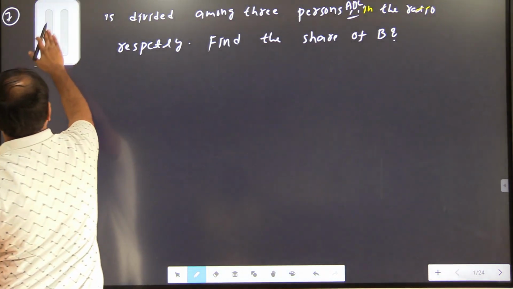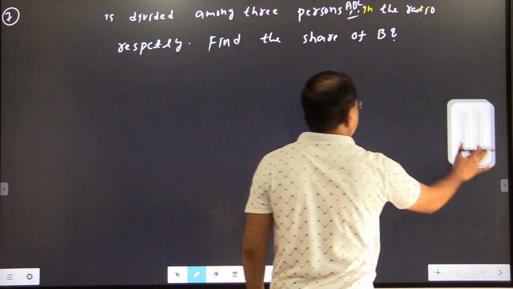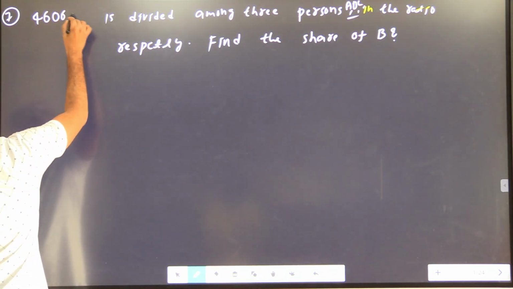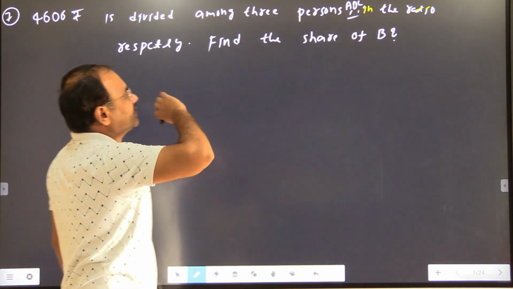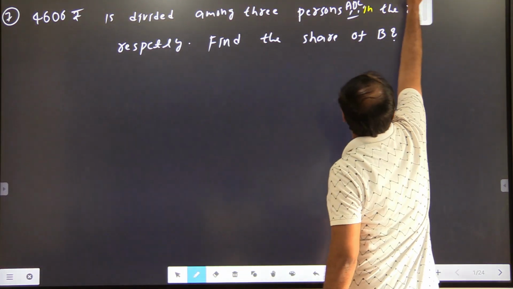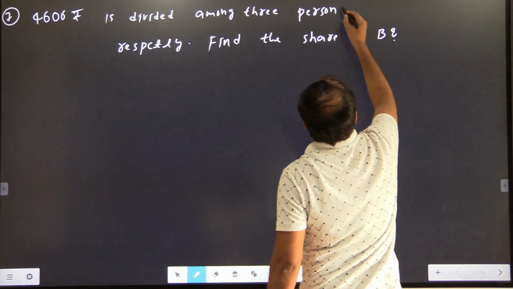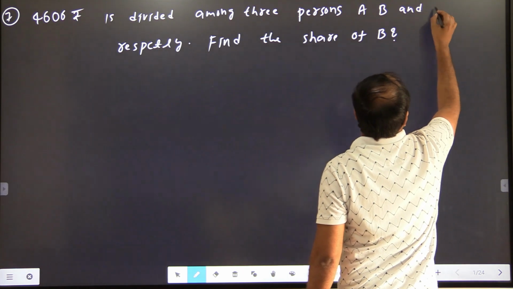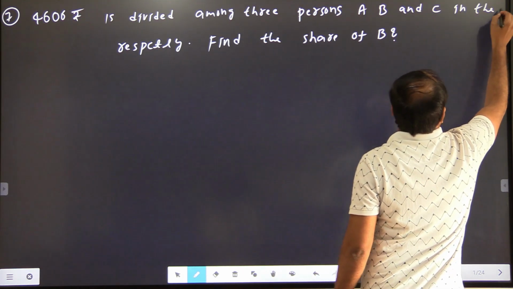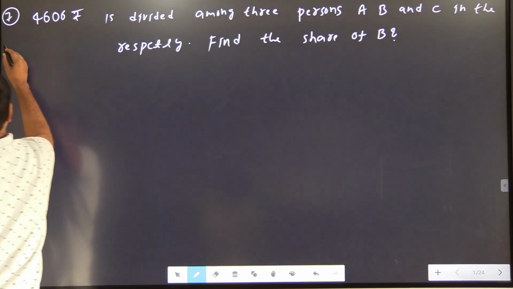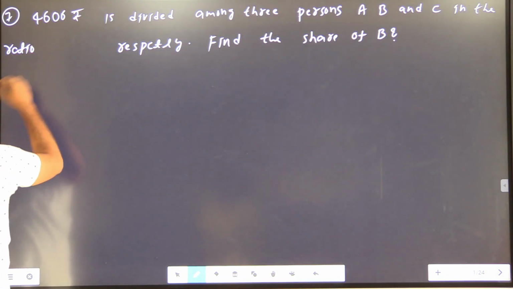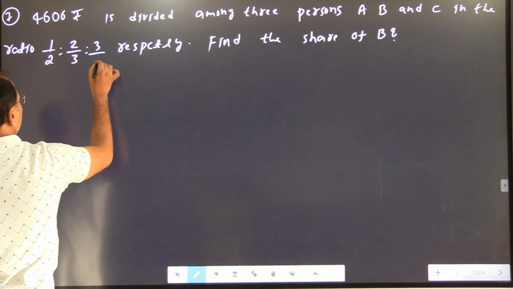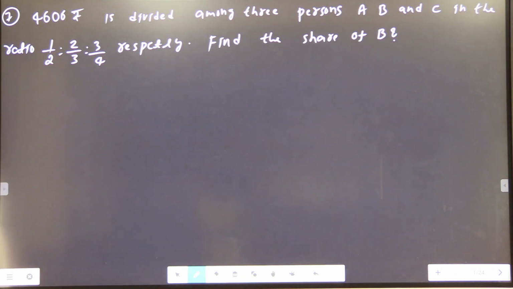Next question. 4,600 rupees is divided among 3 persons A, B and C in the ratio 1/2 is to 2/3 is to 3/4 respectively.